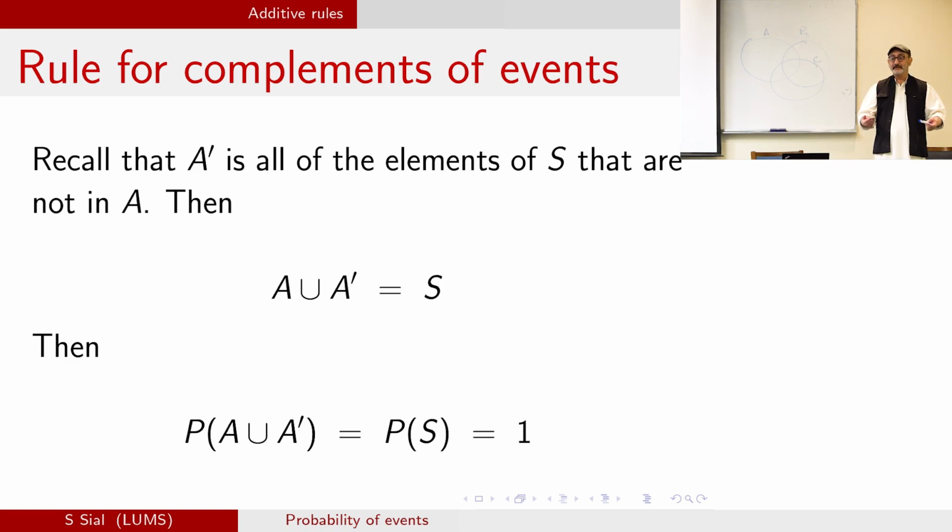We assign 1 to the probability of S, right? So the probability of A union A complement is the probability of S, which is 1.